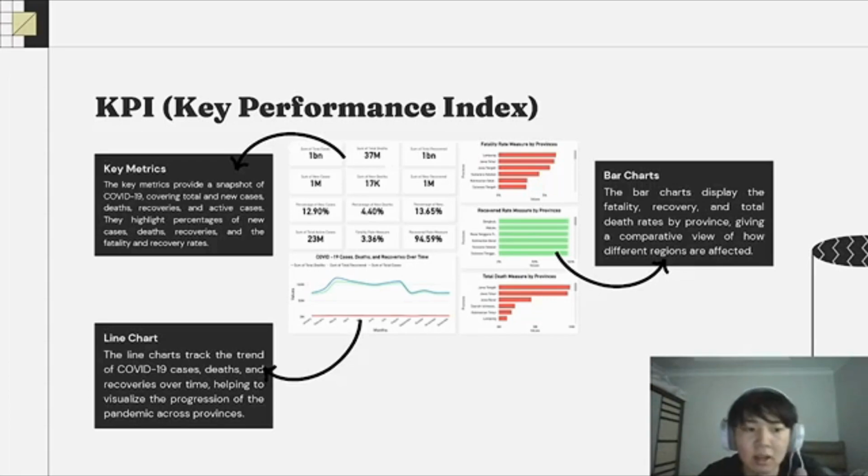Next, the line chart tracks the trend of COVID-19 cases, death, and recovery over time, helping to visualize the progression of the pandemic across provinces. The last is the bar chart. The bar chart displays the fatality, recovery, and total deaths rates by province, giving a comparative view of how different regions are affected.